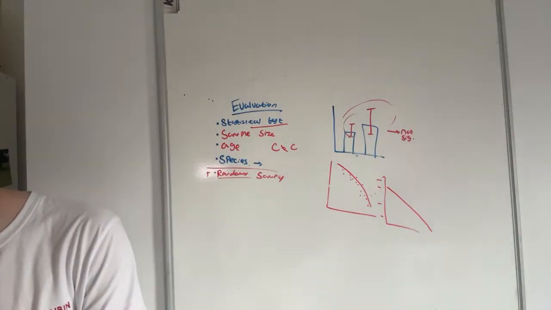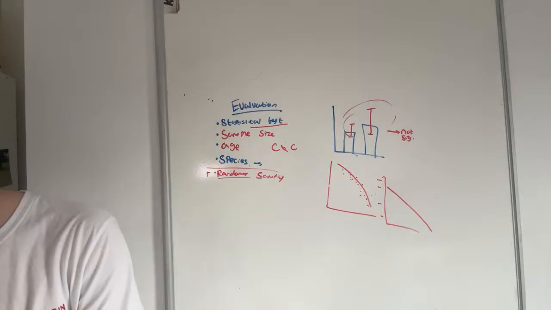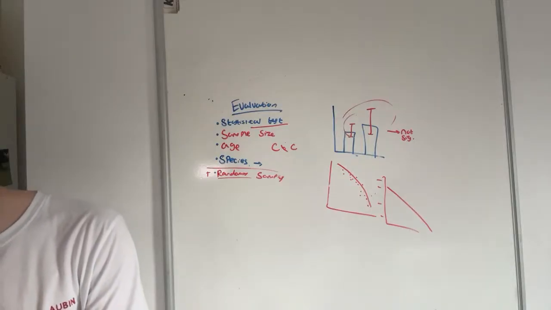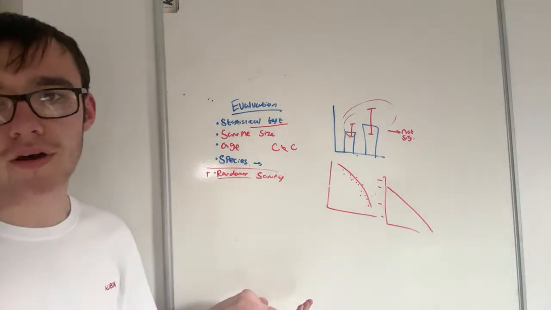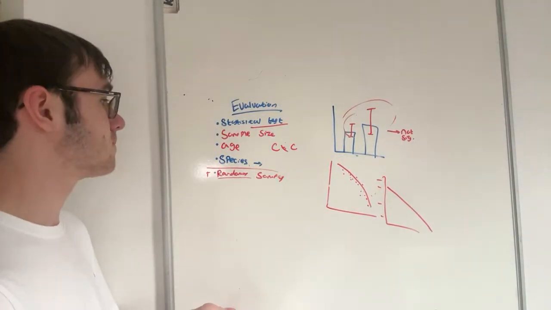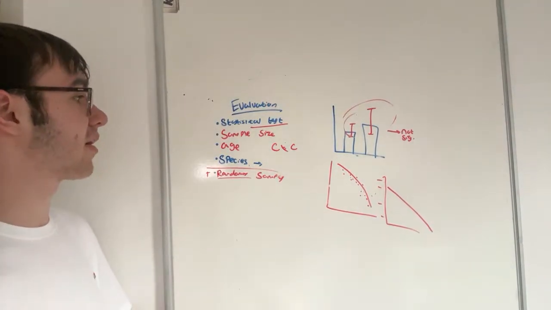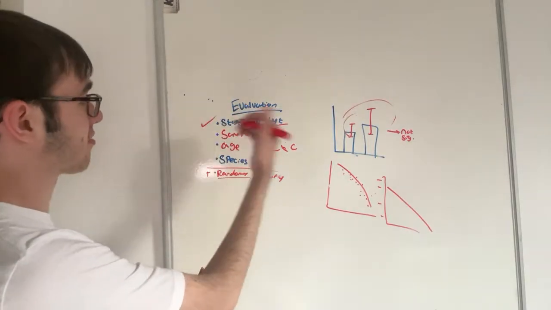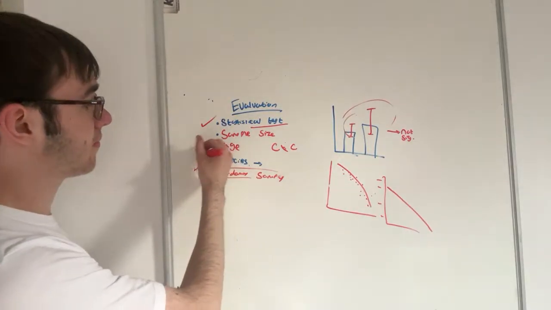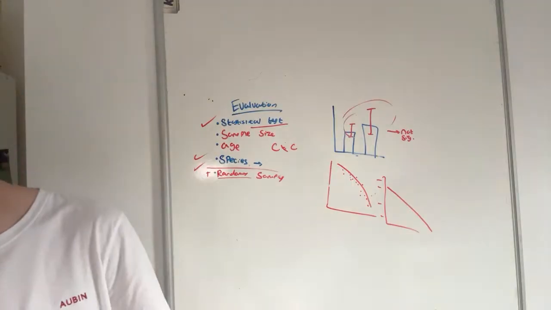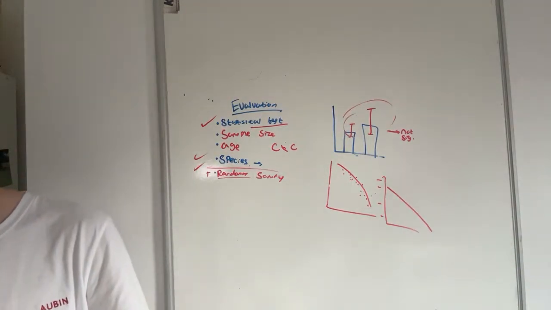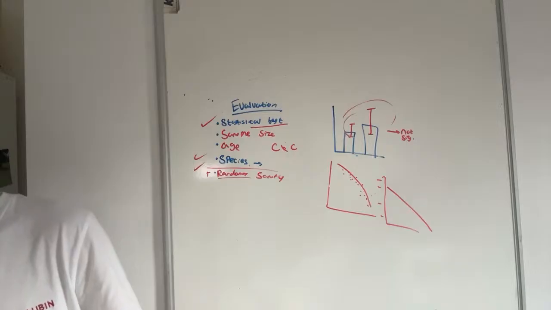But I think that's more of a last resort thing anyways. I wouldn't put that unless I literally had no idea what else to put. I would definitely focus more on statistical tests, the species, things like that.